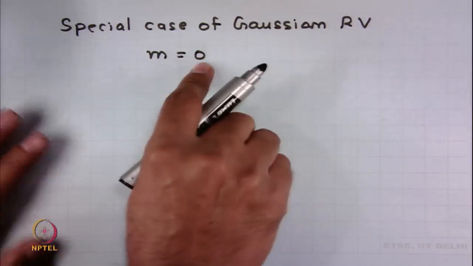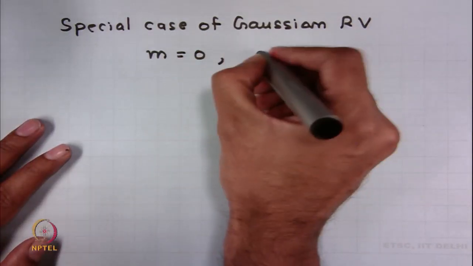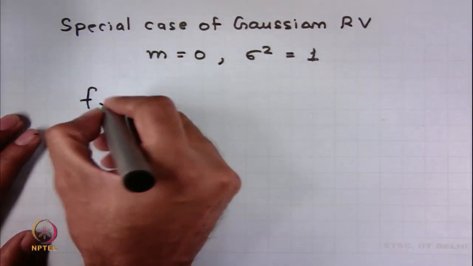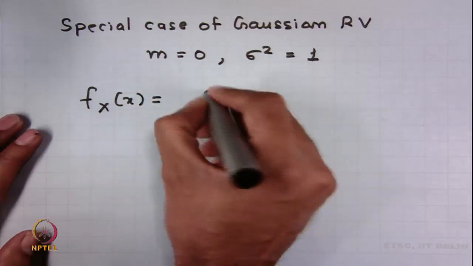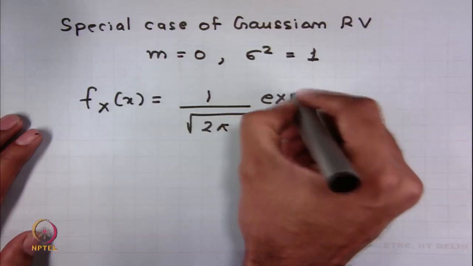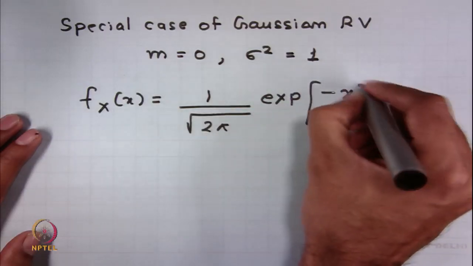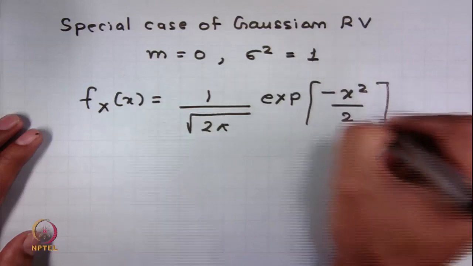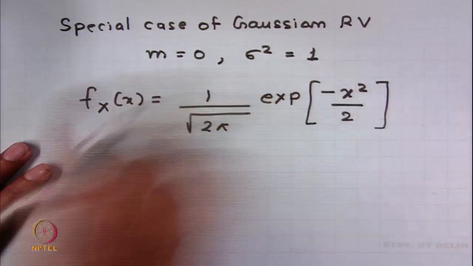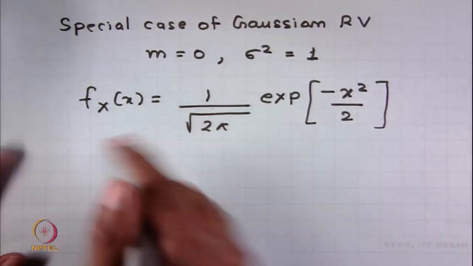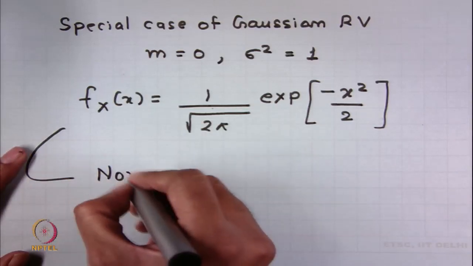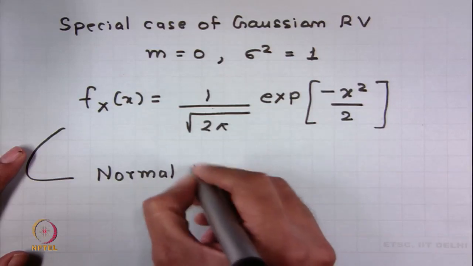So, the mean we are assuming to be 0, and the variance if we assume it to be 1, then what we get is the probability density function is so what we have done is just put m as 0 and sigma square as 1, and we have got a simpler probability density function, and this random variable is known as normal random variable.